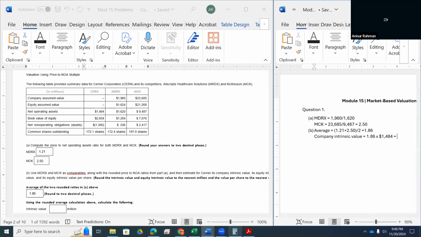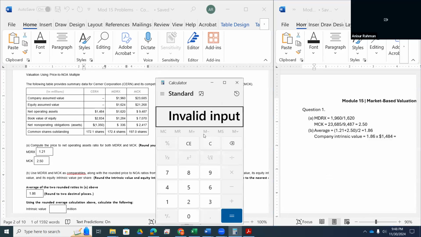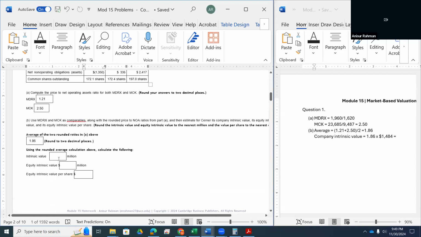So which will be 2,760.24, but it says round the intrinsic value and equity intrinsic value to the nearest million.